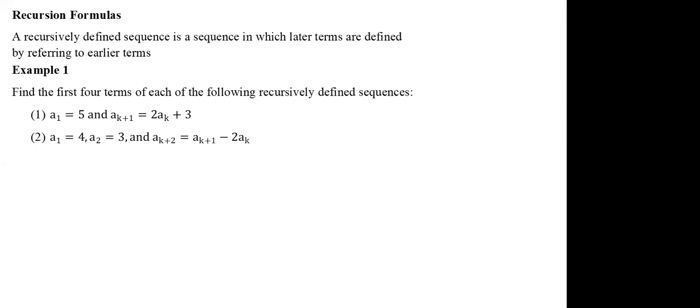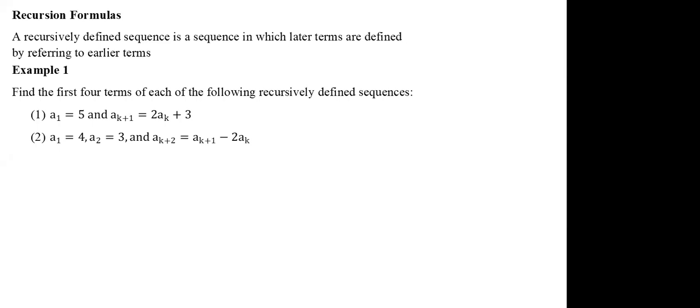How can I get A2 from that general term? It is where K equals 1. If K equals 1, then I have A2 equals 2A1 plus 3, and my A1 is known. What is A1? 5. If I put that A1 into the formula, I'm going to have A2 equals 2 times 5 plus 3, which is 13. Do you understand that now?